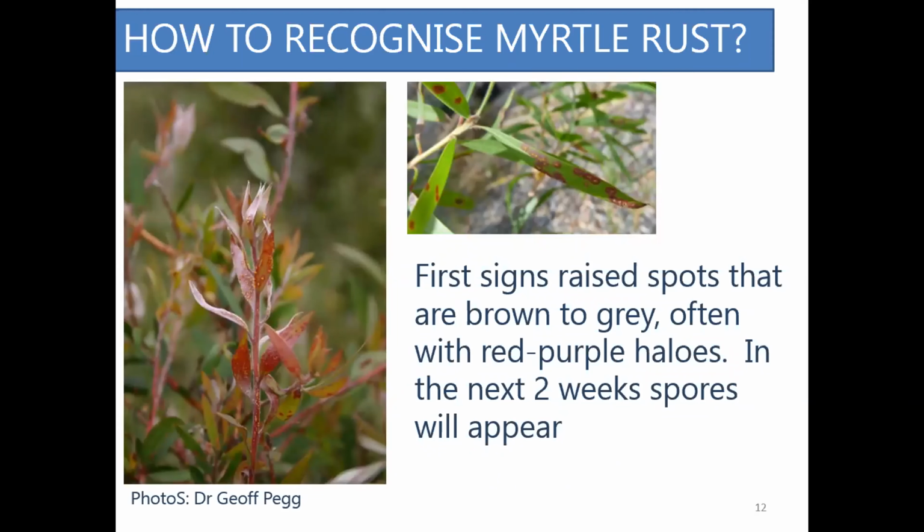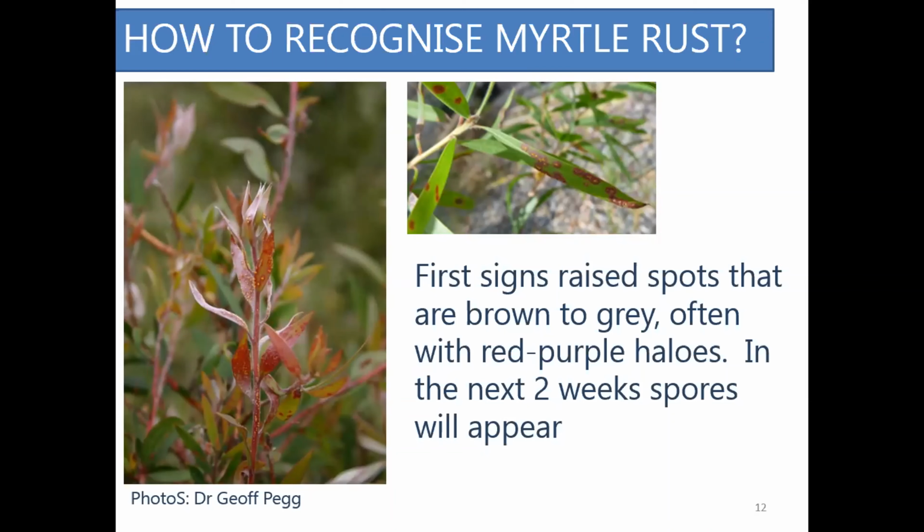Some of the symptoms before you can see the mass of spores can be a little bit more tricky to recognize. And as you can see on the photos here, we can see a little bit of yellow spores, but we also have some brownish sort of purple lesion, because once the plant is infected by the spores, it takes a little bit of time for the spores to be produced by the plant.